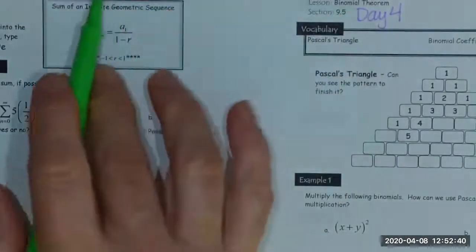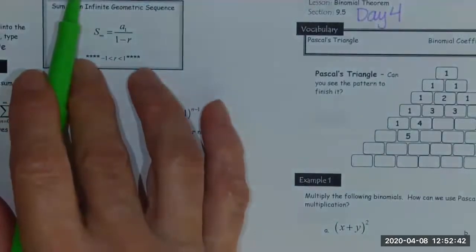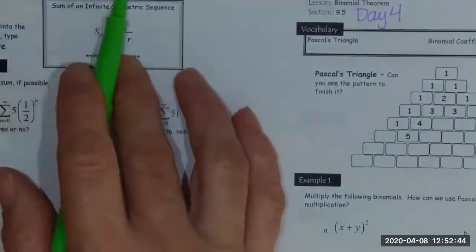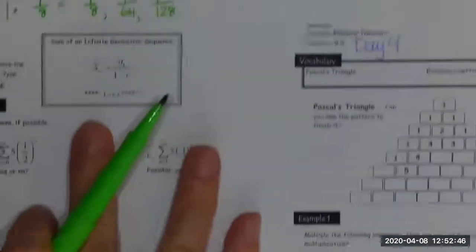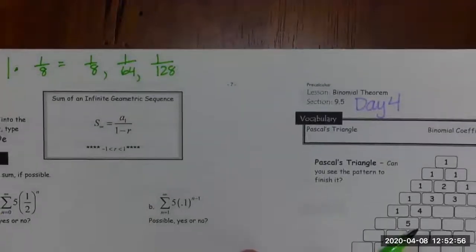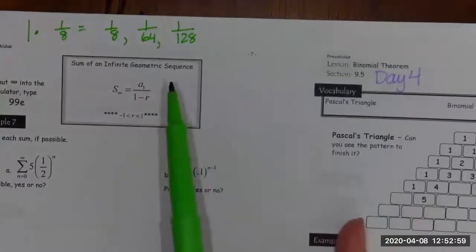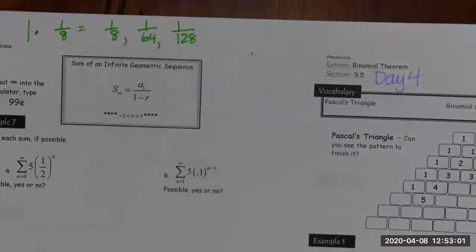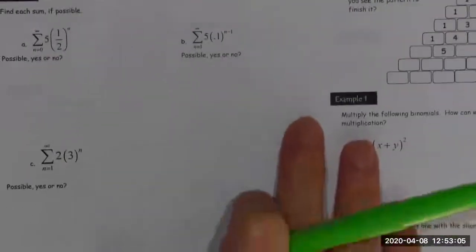As I keep multiplying by a fraction, my number gets smaller and smaller and smaller, so eventually it actually turns into 0. So we are allowed to add up an infinite sum for a geometric because it's a ratio, and as you multiply fractions, you just eventually get really close to 0.